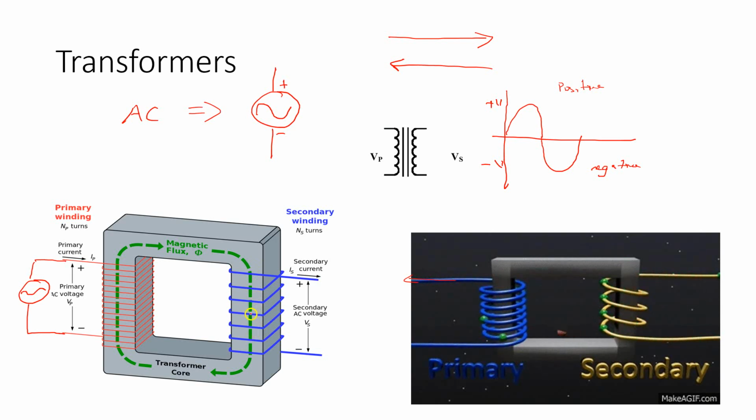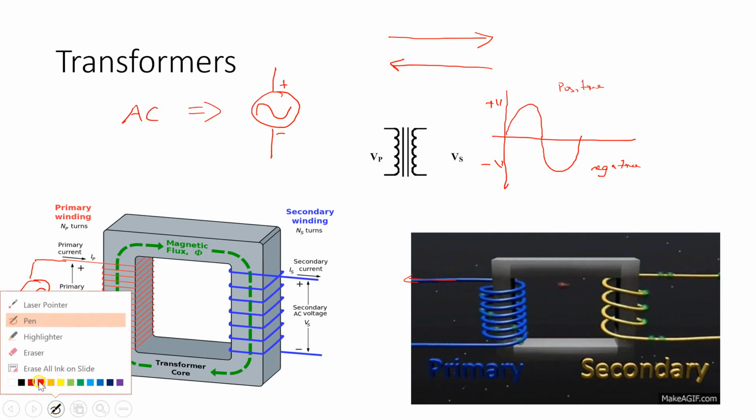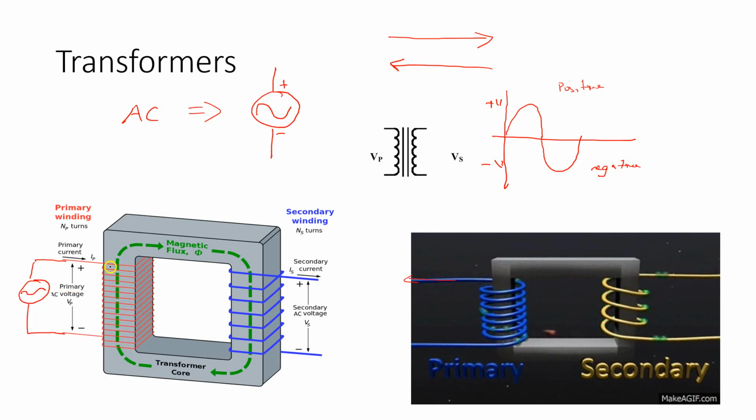Now, one of the things that is going to happen next is that, remember, we're talking about AC current. At first, the current would have been flowing in that direction, right? But as soon as it reaches this point, the current stops and then starts to flow in the opposite direction.